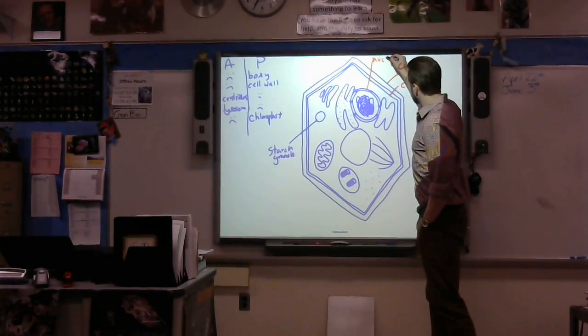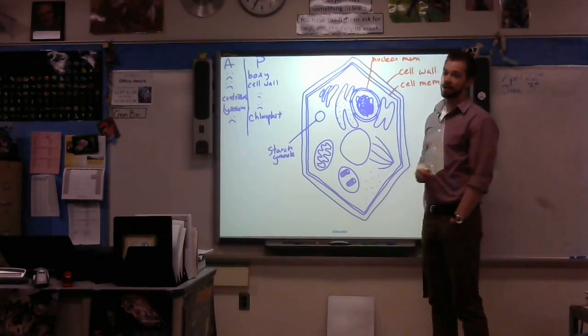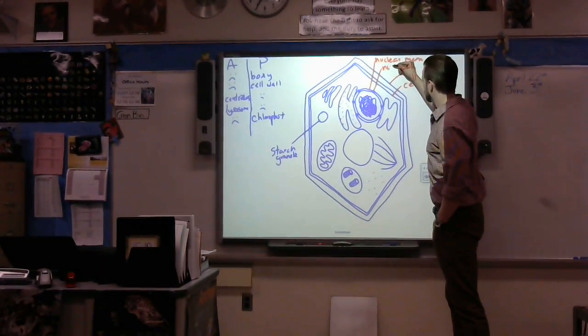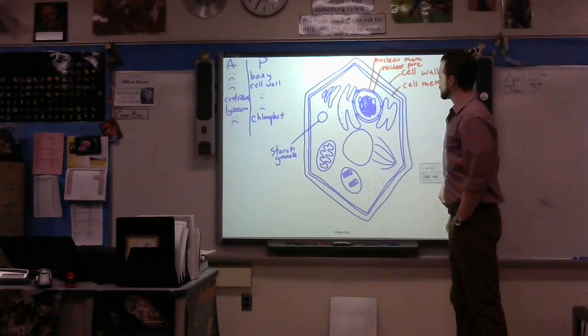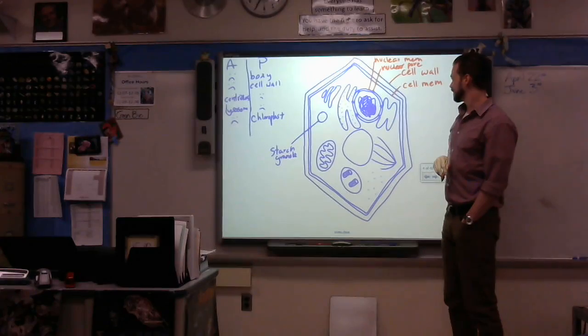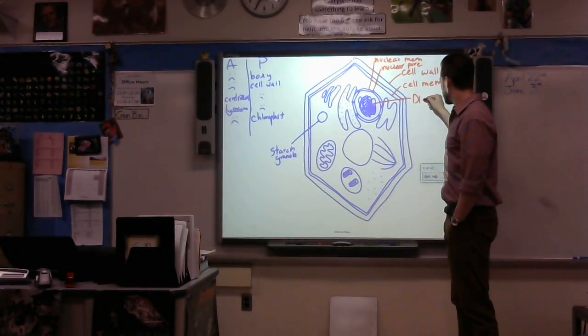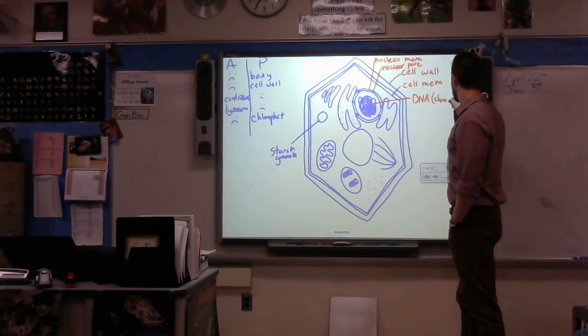I'm just going to go nuts here with the nuclear labeling. This is the nuclear membrane, which allows things in and out of the cell. I'm also going to label a nuclear pore, the means by which substances would travel into and out of the cell. Here we have the DNA in chromosomes that are not pictured.